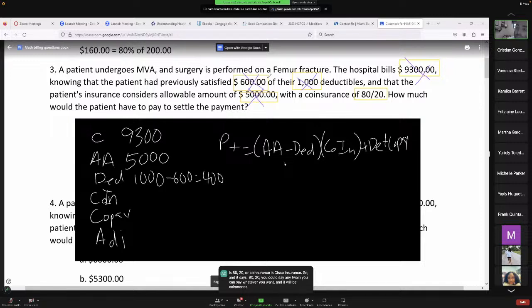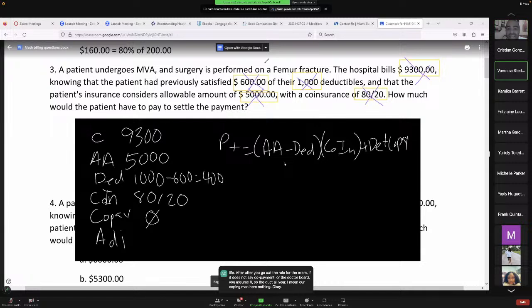So you put 80 and 20. Now that's the last number that we have, and now, as a rule for the exam, not for life, if it does not say co-payment or deductible, you assume 0. So deductible here, co-payment here, nothing. Okay?